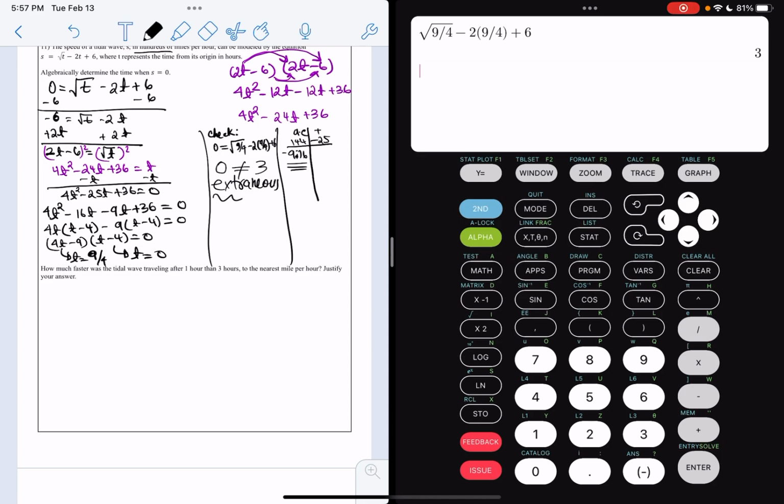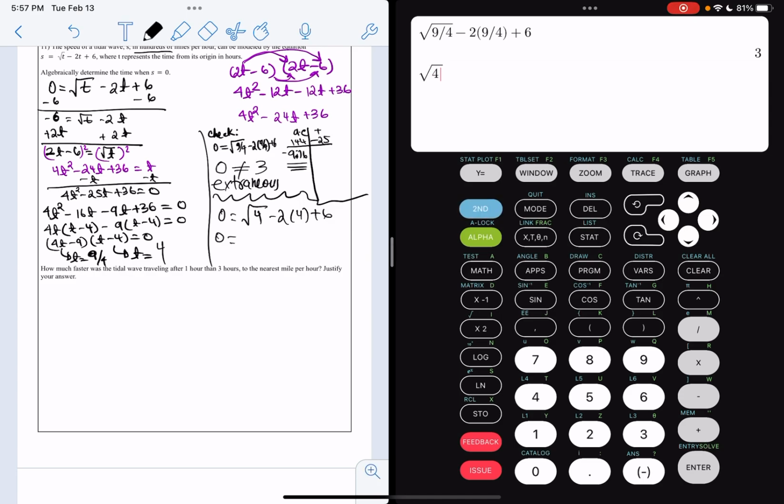Then we have to check for t is equal to 0. So let's see, 0 is equal to radical 0 minus 2 times 0 plus 6. Oh, this is not 0. t should be equal to 4. 0 is equal to radical 4 minus 2 times 4 plus 6.